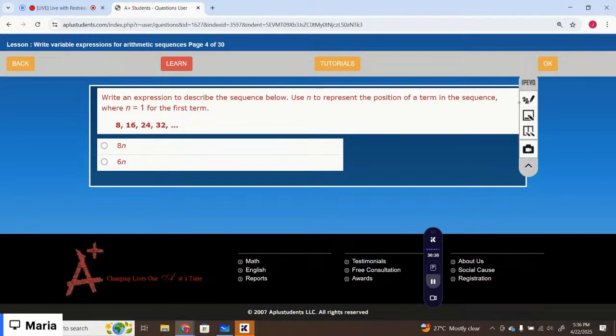That is 8, 16, 24, and 32. So option number 1 is the correct option. That is 8n.